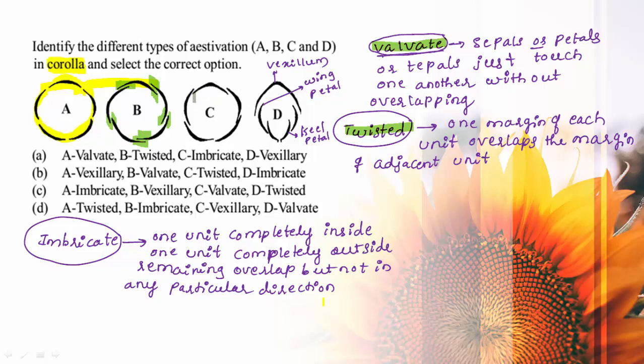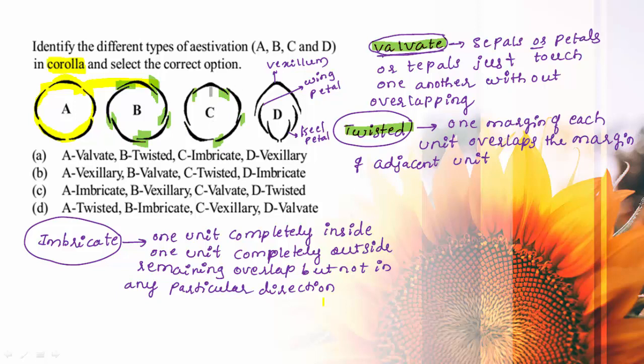Then this one is interesting. Look at this unit, both the edges are inside. Of this unit, both the edges are outside. Then what about the remaining three? These remaining three are showing half edge inside and half edge outside.